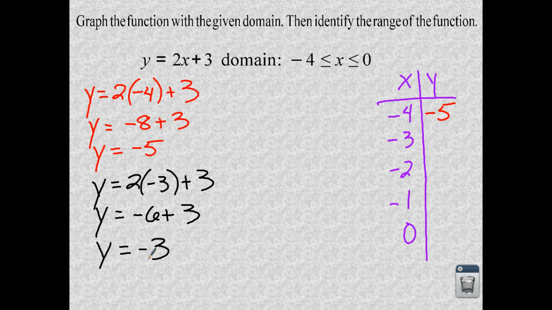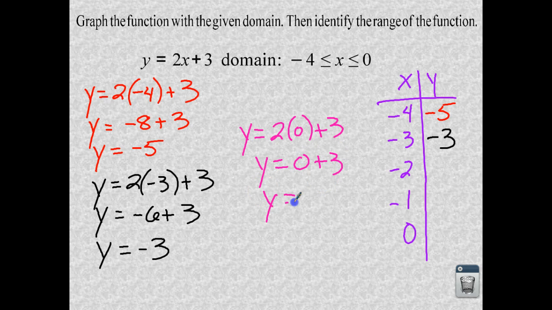All right, so when my input is -3, my output is also -3. And let's do one more. Let's take that 0. 0 is easy to work with. All right, so when my input is 0, my output is 3.